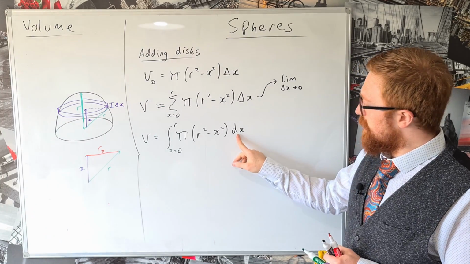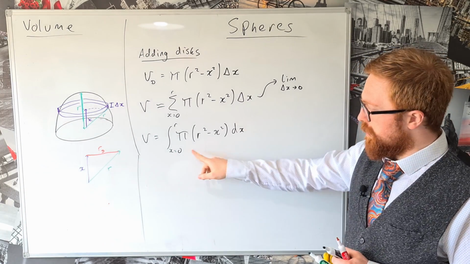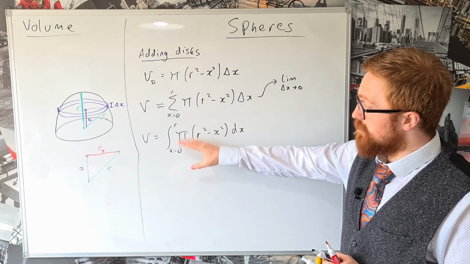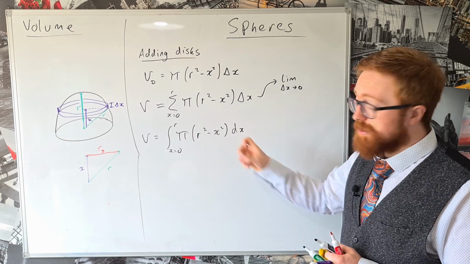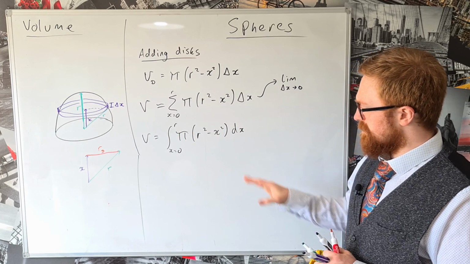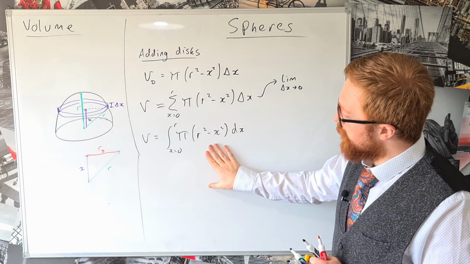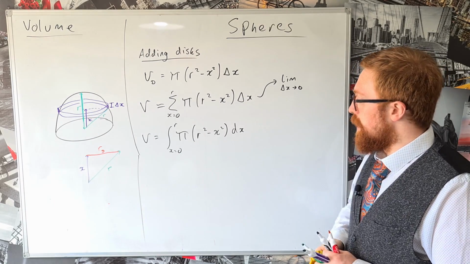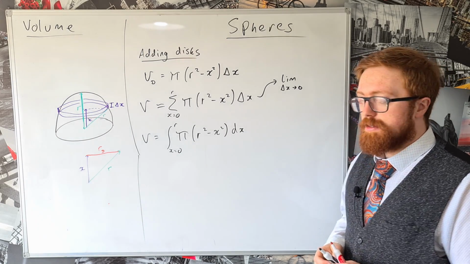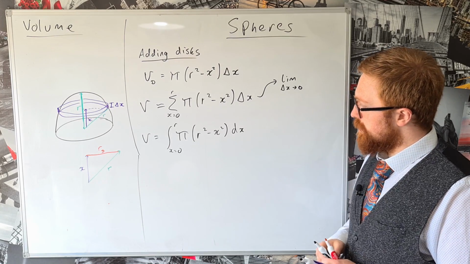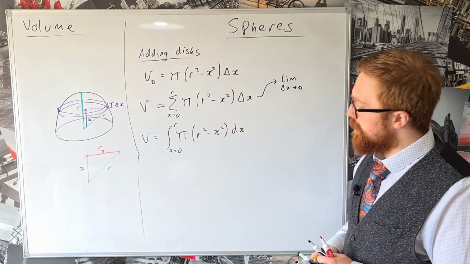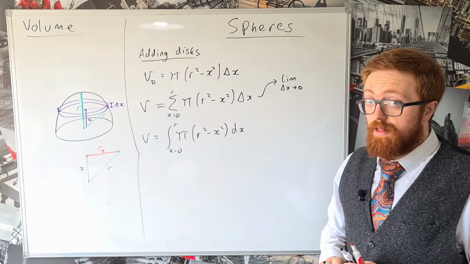We can't just say that this is equal to 0 because we're adding up lots of them. It's a limiting case, it's not actually equal to 0. But then we can just integrate this, and we should get the answer that we're after.